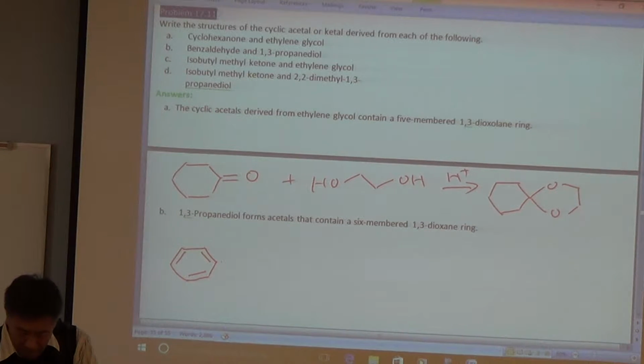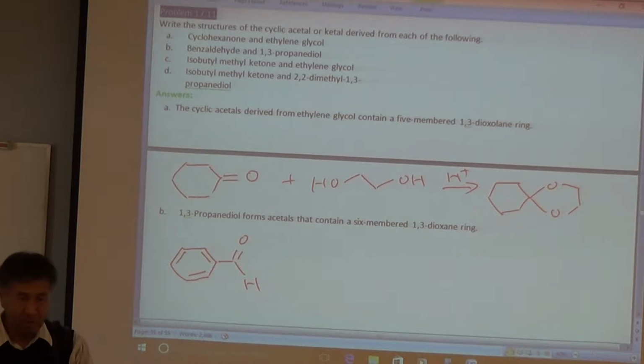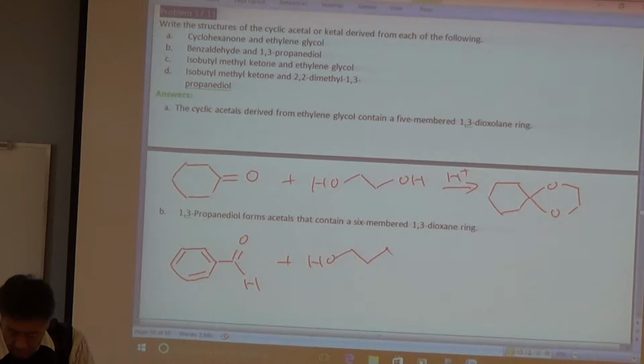Benzaldehyde has a structure like this. This is an aldehyde. An aldehyde has a carbonyl and 1 H. So the other reagent is 1,3-propanediol, H plus.